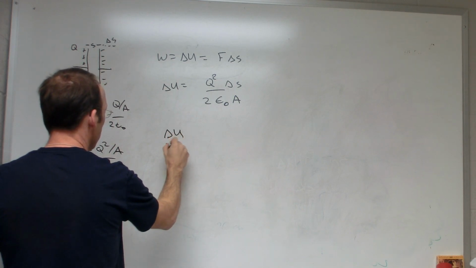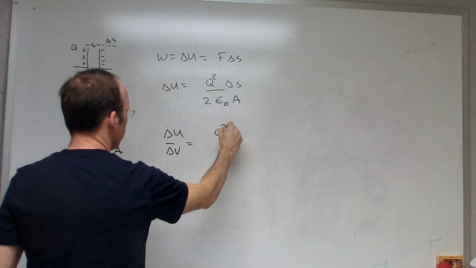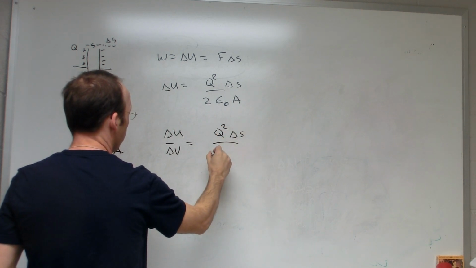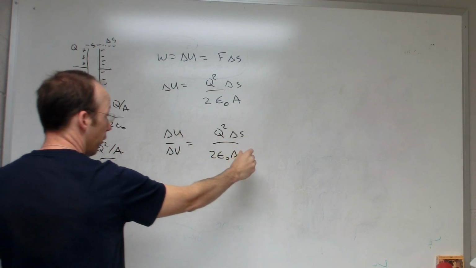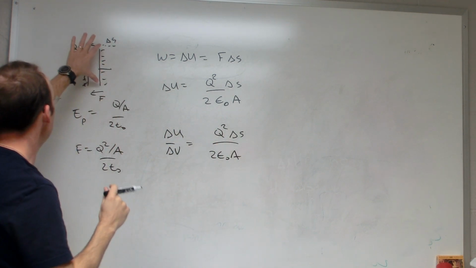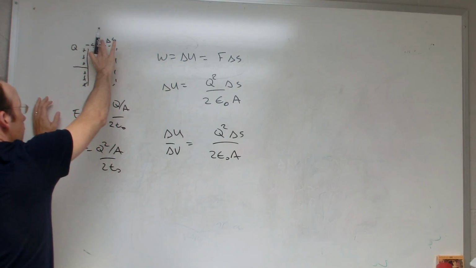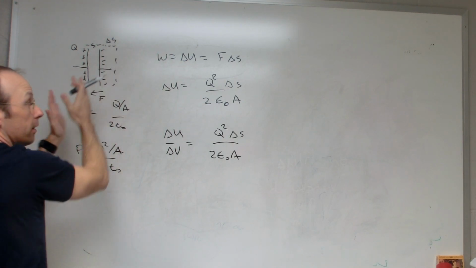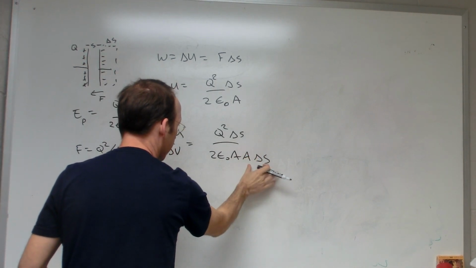So I have delta U over delta V is going to be Q squared delta S over 2 epsilon naught A. Now I divide by the volume of this new piece. If I pull it apart, it's the area times how far I pulled it apart, so the new volume is just A delta S.